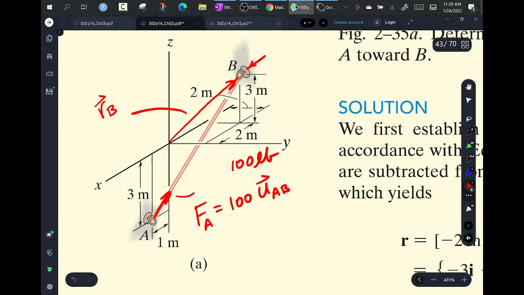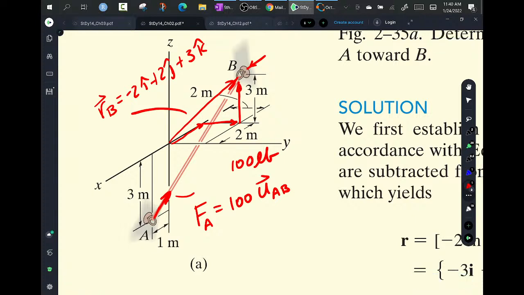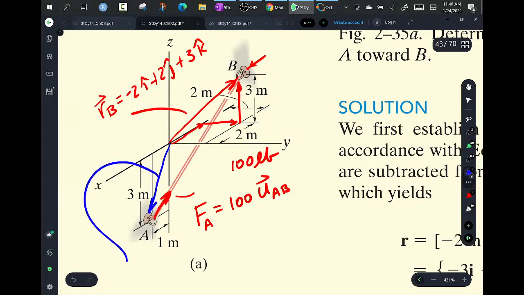It goes backwards in the x, backwards 2 meters, minus 2i, then I go positive 2 meters in the j, and then I go up 3 meters. Okay, so I found that vector. Now I'm interested in finding the vector that points to here, so I'll just call it RA.